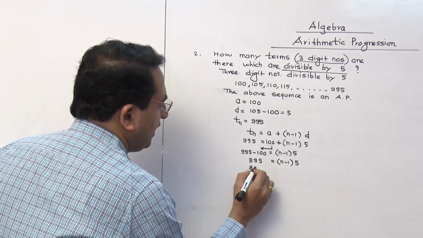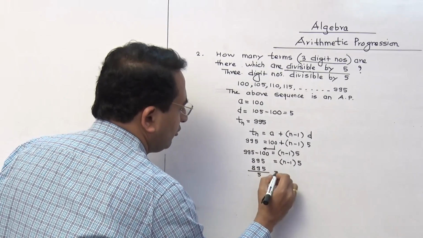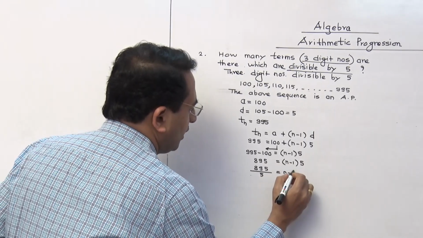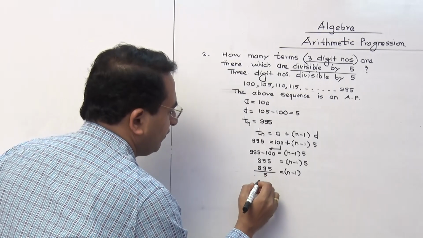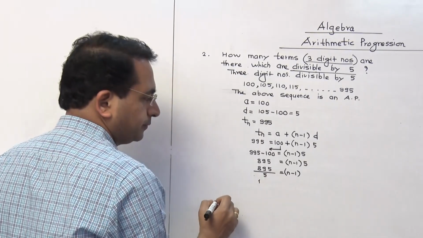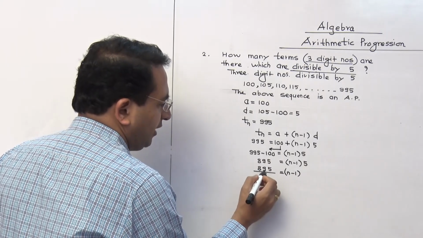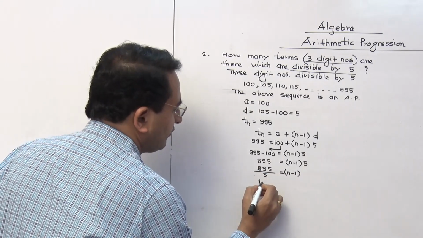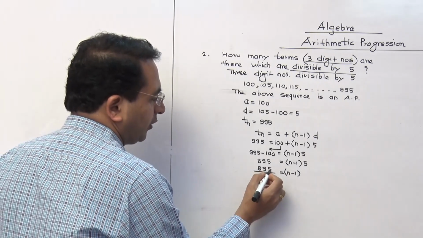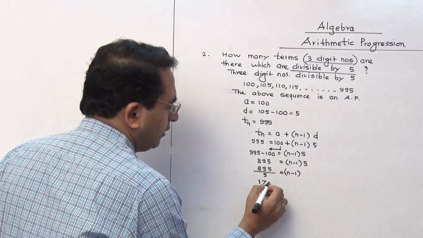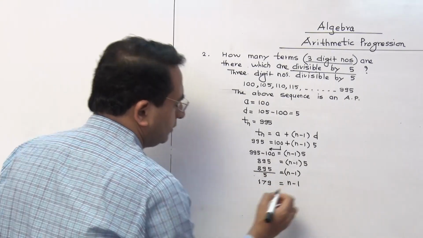It is 895 divided by 5, that is n minus 1. 5 ones are 5, remainder 3, 39 comes there, 5 sevens are 35, remainder 4, 45 comes there, 5 nines are 45, that is 179, equal to n minus 1.